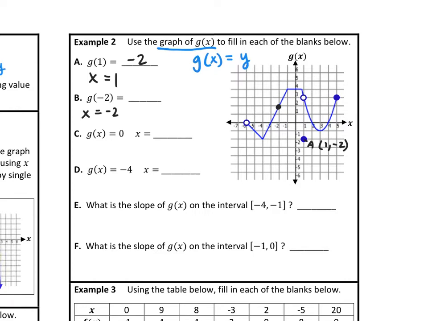I'm going to call that location B, and that has an x coordinate of -2 and a y coordinate of +2. So my y value is 2.